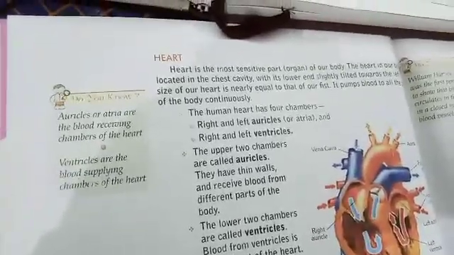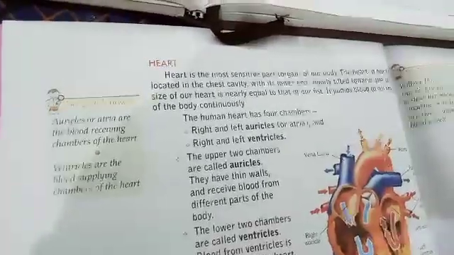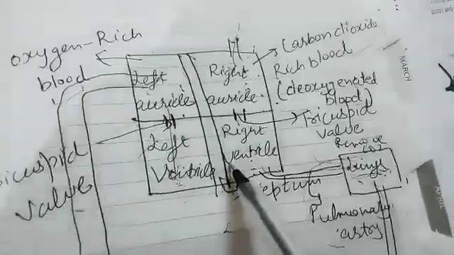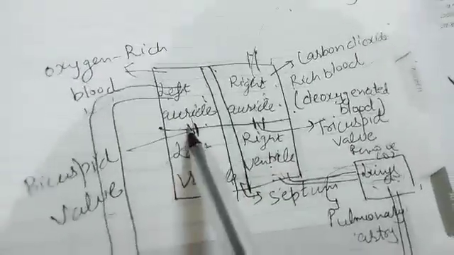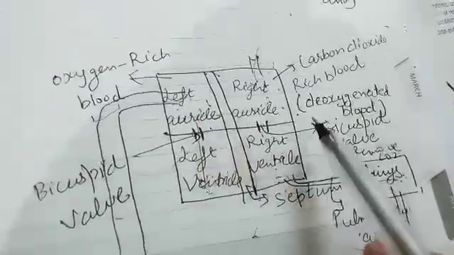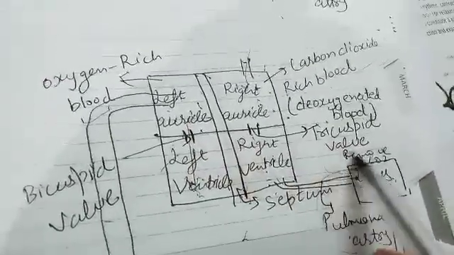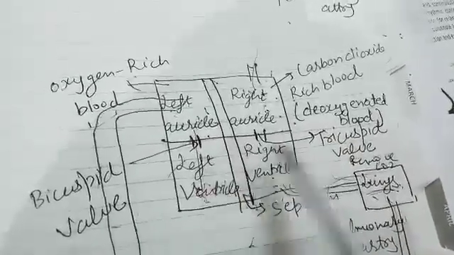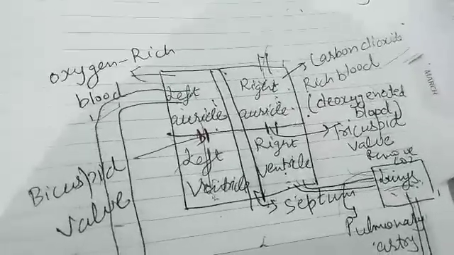One muscular wall separates the left-hand side from the right-hand side; it is called the septum. There is a bicuspid valve on the left-hand side and a tricuspid valve on the right-hand side.